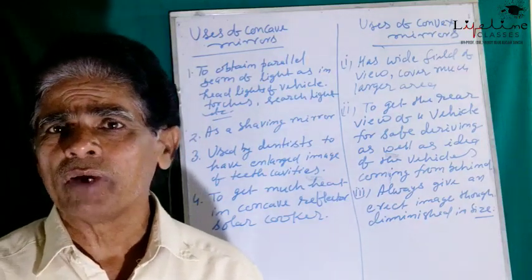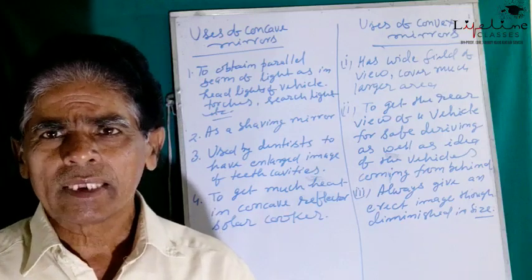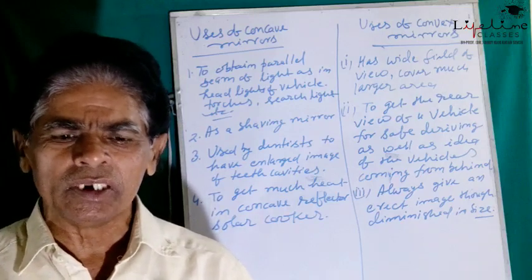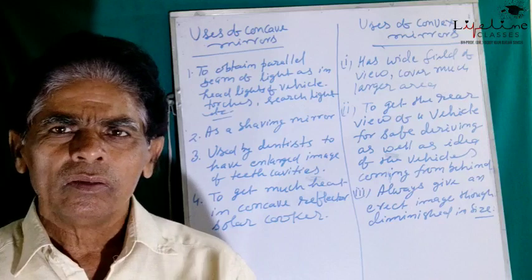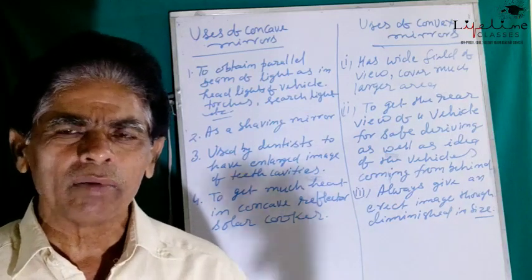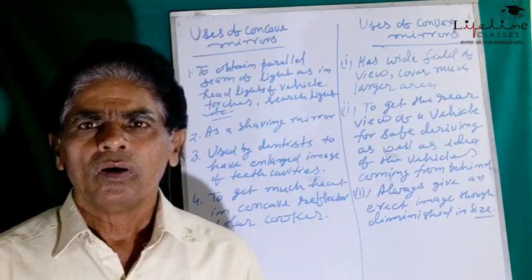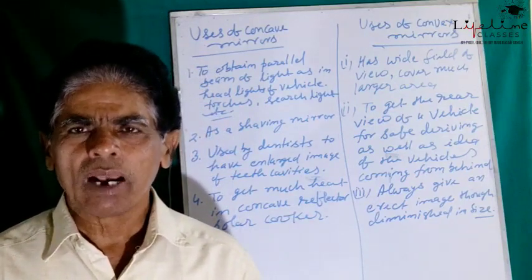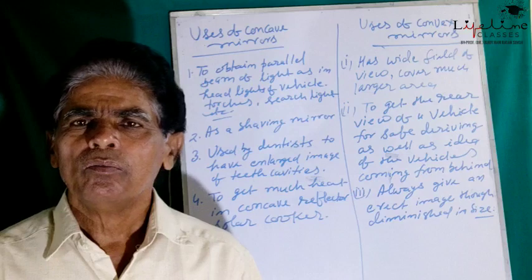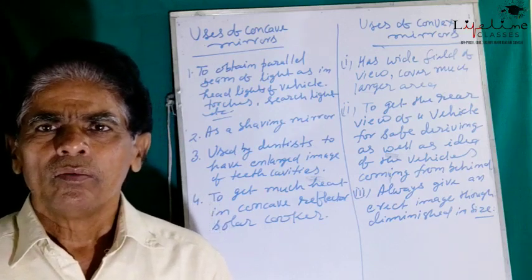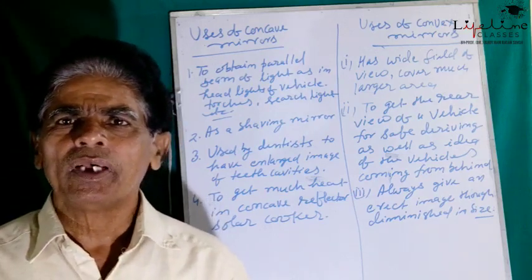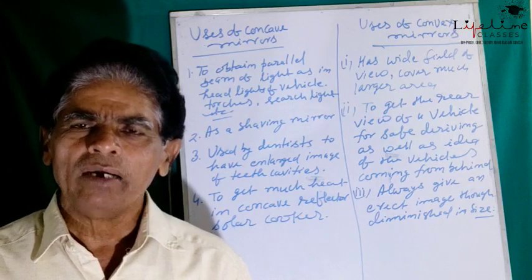But in case of convex mirror, the exact idea of the object, the distance between the vehicles and the other vehicles coming from the back side are not correct. So sometimes it may be misleading also, but in normal cases we always get a wide field of view.